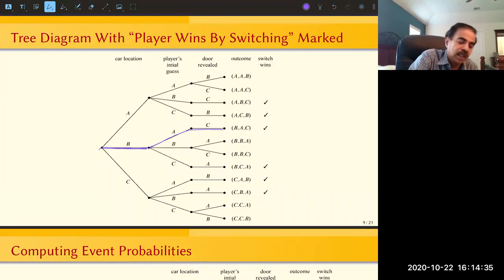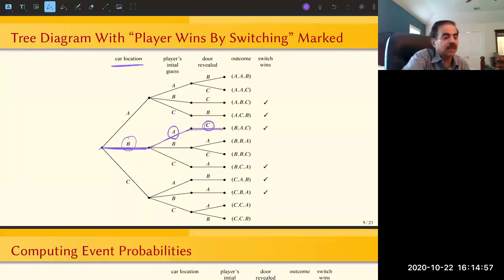This is a path in which the car is located behind door B. The contestant picked door A, obviously wrong, because the car is behind door B. The host shows door C, so now the contestant knows that the car is not behind C. If the contestant switches from A, the only choice they have is B. So in this case, if the contestant makes a switch, then they are going to win.